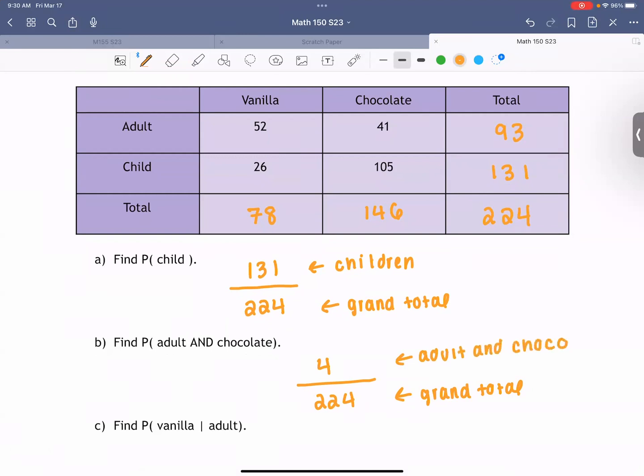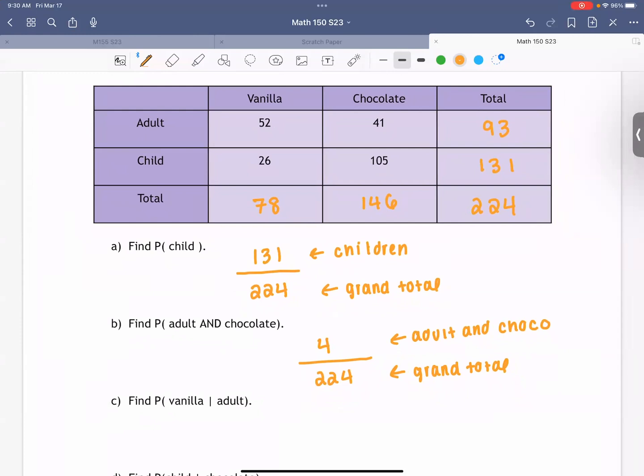All right, let's make things a little bit more tricky. Let's say we're doing something more similar to the front page. Let's say I already know that I have an adult. So what I've done is I've not gathered everyone in the whole sample, but I've only taken all the adults. So I have this group of all the adults in the sample.